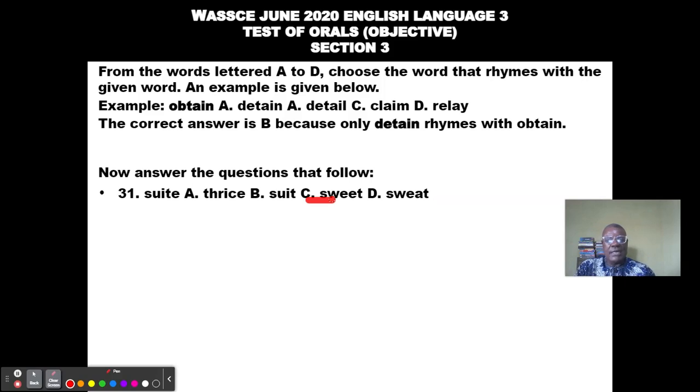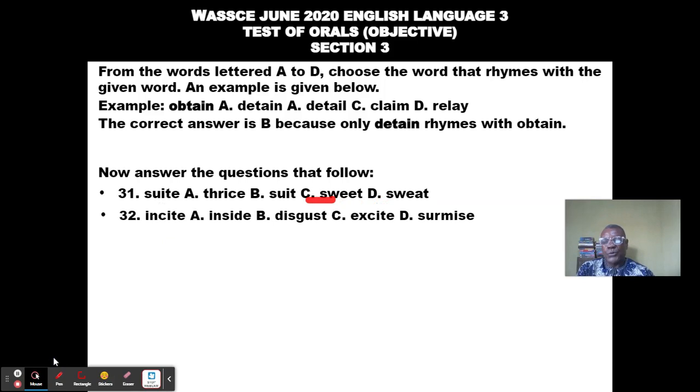Two words that have the same sound, especially the last syllable of each word. So C is the rhyme for the given word sweet. D, sweat, no.